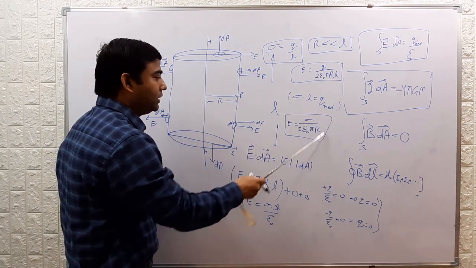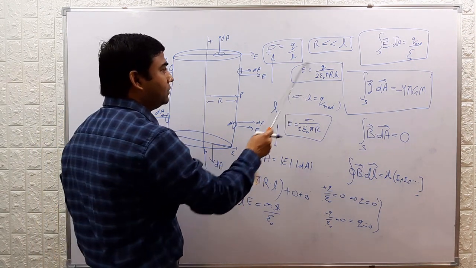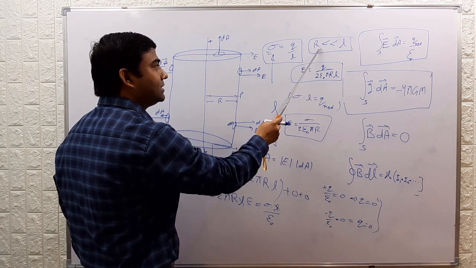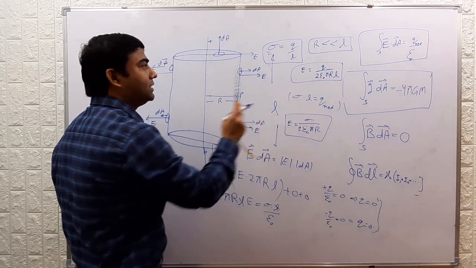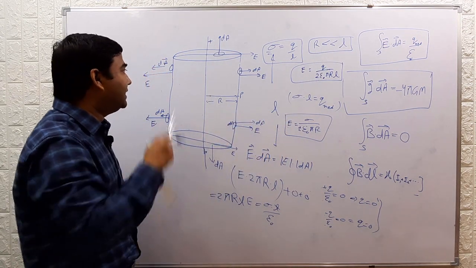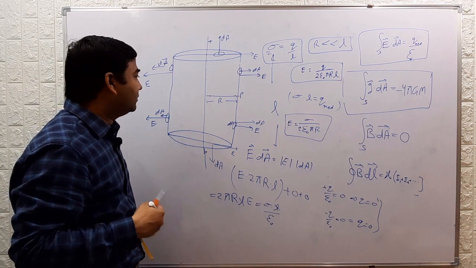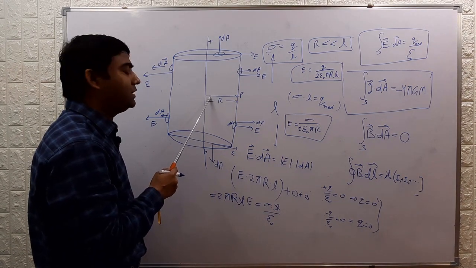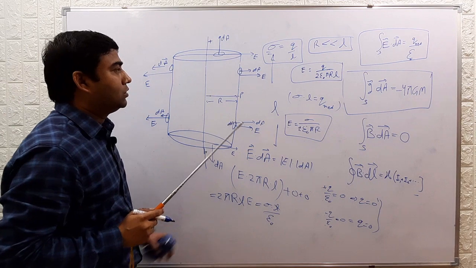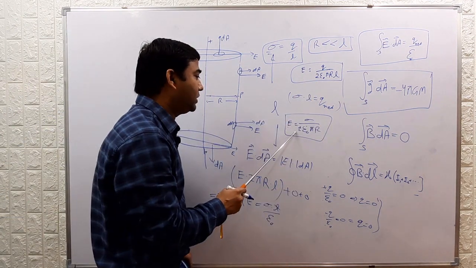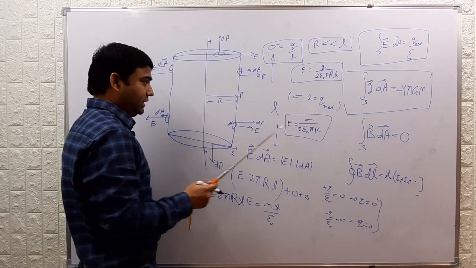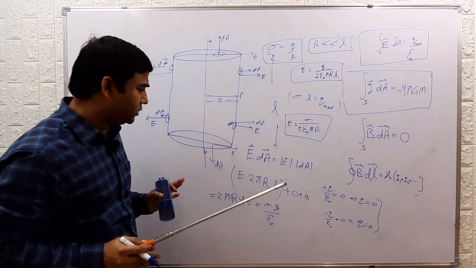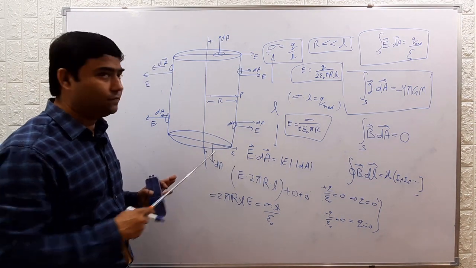This formula is for infinite length and this is for finite length, but this can only be used when L is fairly larger than r, that is, the length of the wire is appreciably greater than the distance of the point from the wire where we are finding the electric field. So here you can see how easily we can find the electric field with the help of Gauss's law.